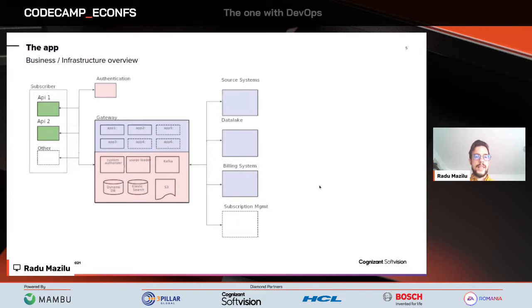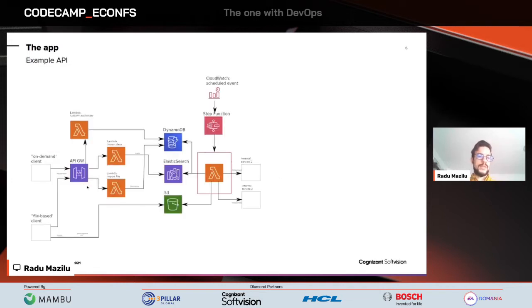And this is sort of a finer image of an API that we built so that you can see how we piece together several AWS services. So it works and it's all scalable out of the box, because we use API gateways, various lambdas that we combine using step functions. We use some Elasticsearch.